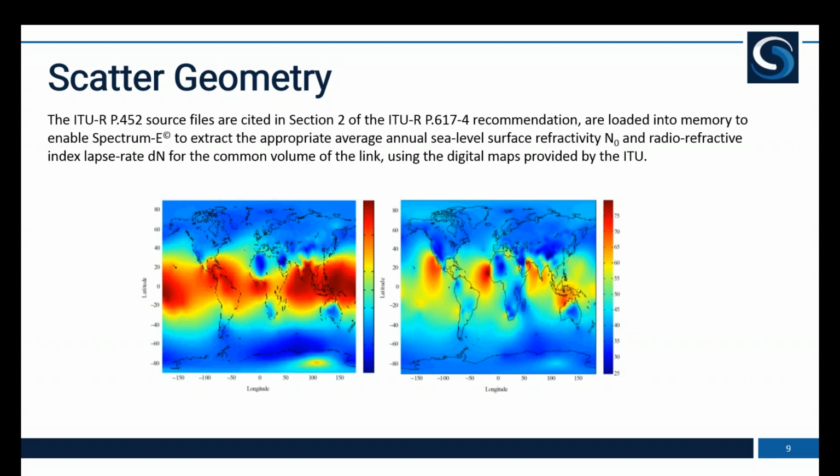So it's important that this is implemented properly. And we made use of the previous implementation that we had in the software for the model ITU-R P.617-4, where we ran extensive validations comparing it to the example measured results from the ITU. So we have an exact match with the ITU's supplemental files.